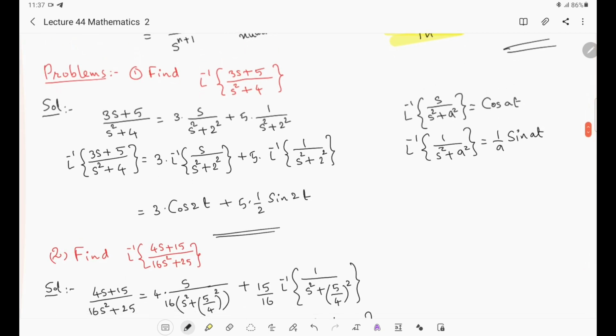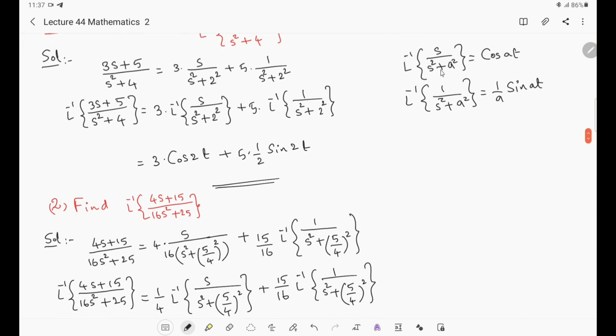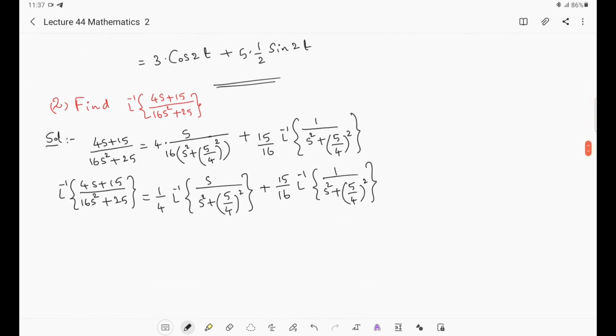Now you apply the previous two formulae. This is Laplace inverse of s by s square plus a square. When you apply this formula here, what we will get? 1 by 4 cos (5 by 4) t plus 15 by 16 into, here 1 by s square plus a square. It is in the form of 1 by a, 1 by a is 5 by 4, 1 by a sin a t. So sin (5 by 4) t.